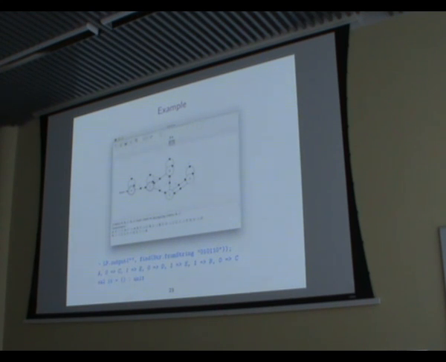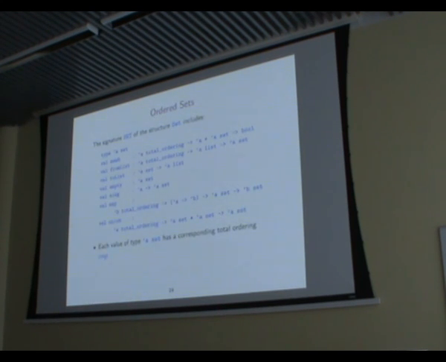So then going on further with this, I talked about ordered sets, and here's a little bit of the signature for ordered sets. There's more, but we've got a type, a set, ordered finite sets, and then various operations on it. Let's focus on union down here.